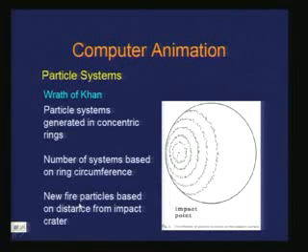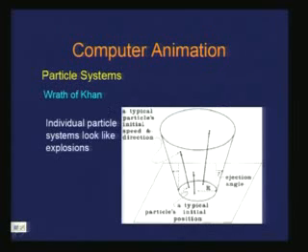And the new fire particles were generated based on the distance from the impact crater, right? And then you also had some sort of a process of explosion. So you have some initial position and direction in which the particle would start, right? And in a typical case, what you will have is an attribute of ejection angle, right?